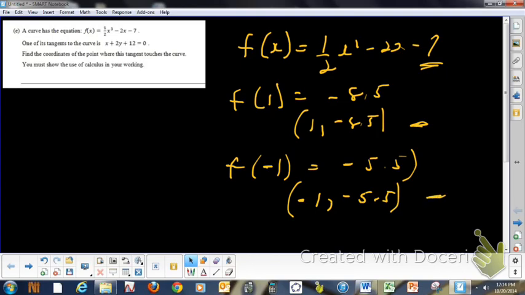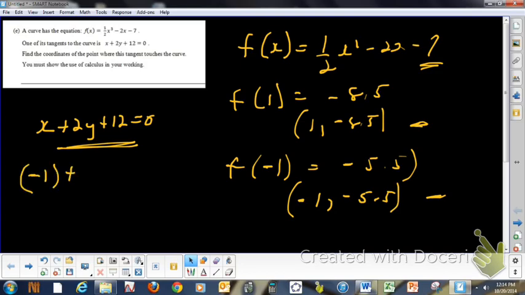So the tangent has this equation. And one of those points satisfies this equation, but only one of those points. So we have to test them and put them in. And the only one that works, so if I do this, I'm just going to put negative 1 for x plus, and I'm going to put in y, which is 2 times negative 5.5 plus 12.